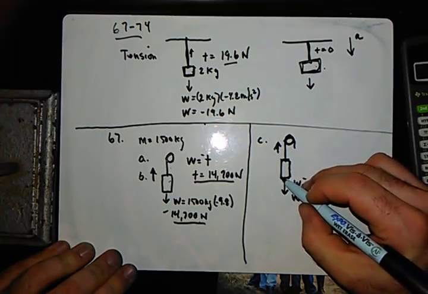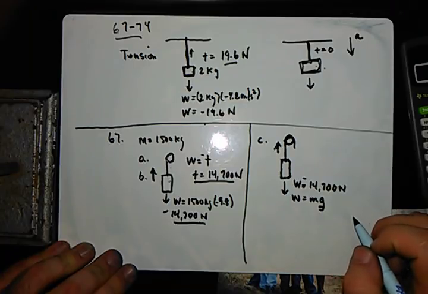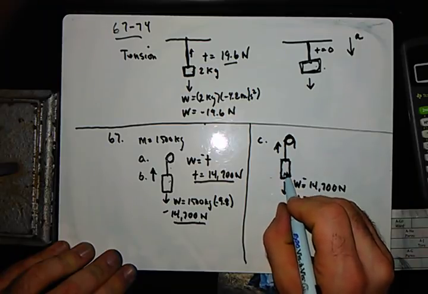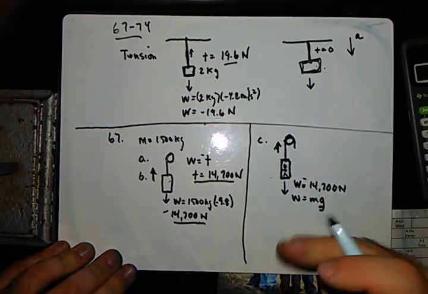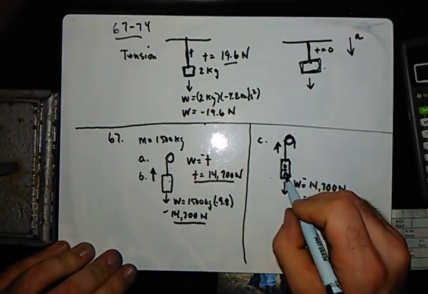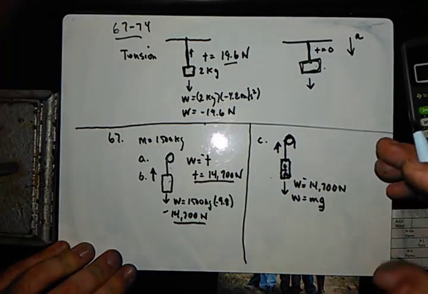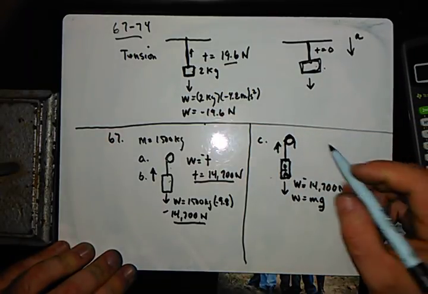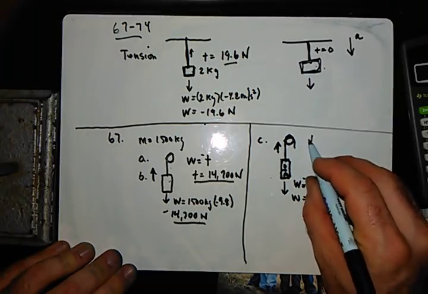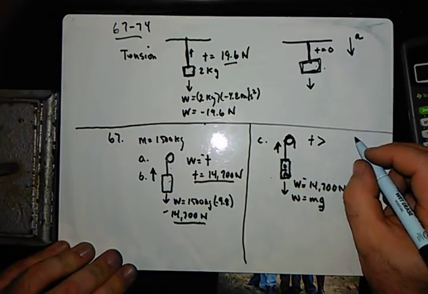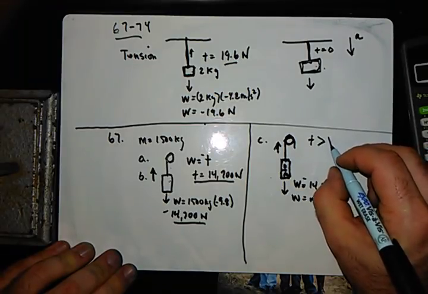Imagine you're in the elevator. If something's pulling you up, while you're accelerating it's going to feel like you weigh more. Just get that image in your mind. So the tension in this situation has to be greater than the weight.